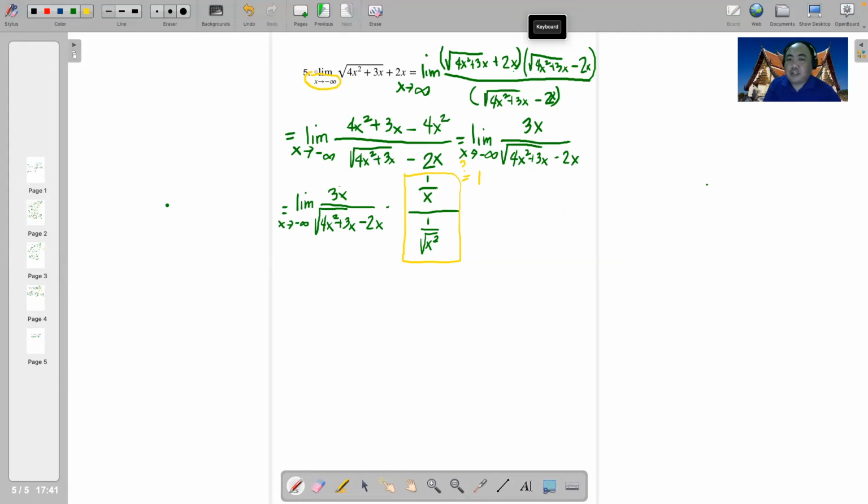So let's analyze. If I have a negatively large number and I square that, I will get a positive large number. Correct. And the square root of a positively large number is a positive number. How about this? Well, this will remain negative. So I have negative over positive. It's not 1. It may be negative 1.